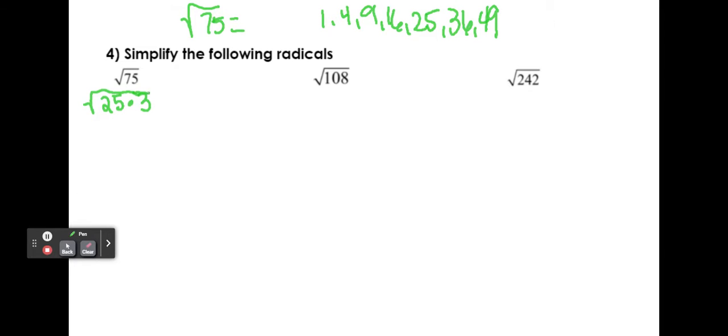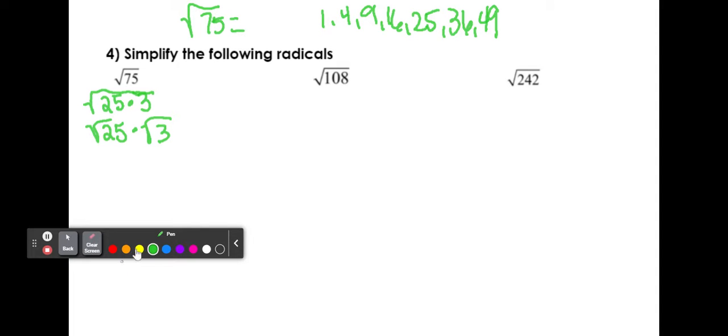Then I can pull out the square root of 25, which is 5. So I can simplify that, but the square root of 3 can't be simplified anymore. The square root of 3 is a decimal, right? It's not an integer, so I'm done.